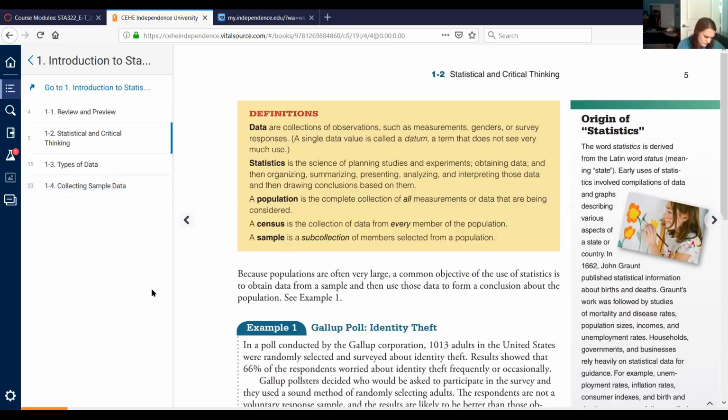A population is the collection of our measurements that are being considered. And we have two ways of looking at that population. Nowadays we're hearing an awful lot of political polling being done with all the stuff going on in the wacky world of Washington.